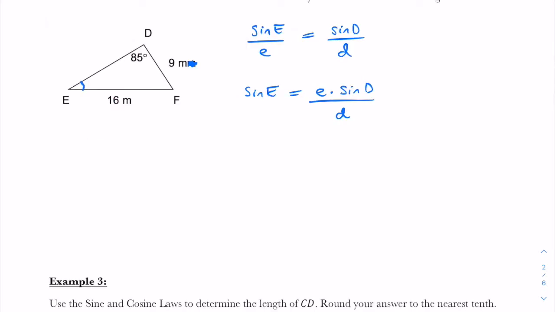I'll isolate for angle E by taking the inverse sine of both sides, like so. Okay, so we've isolated for angle E. Now we substitute all of the values and solve.